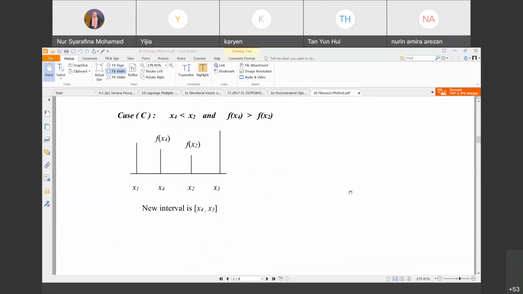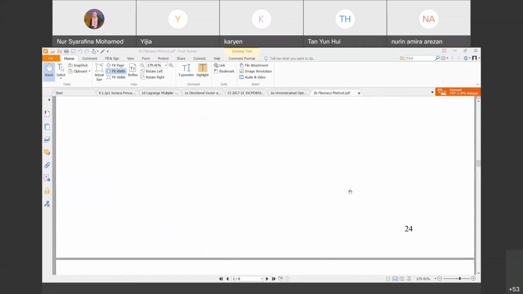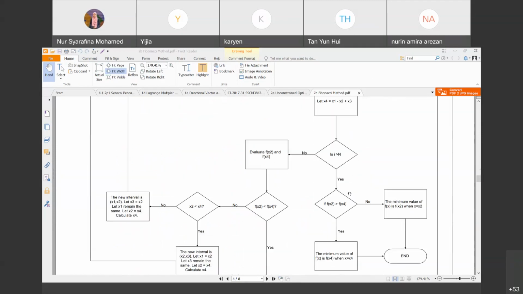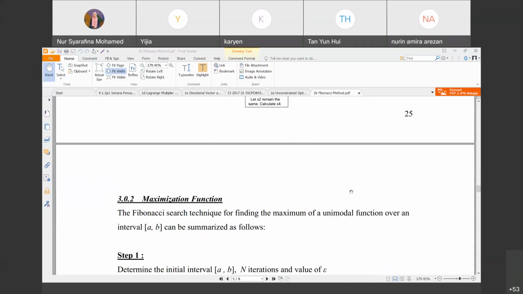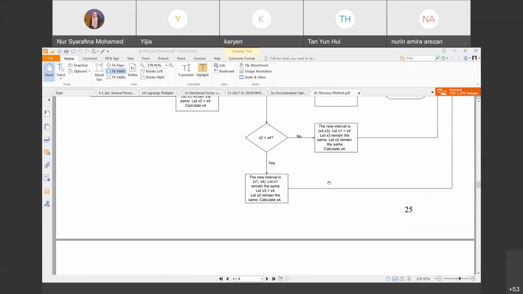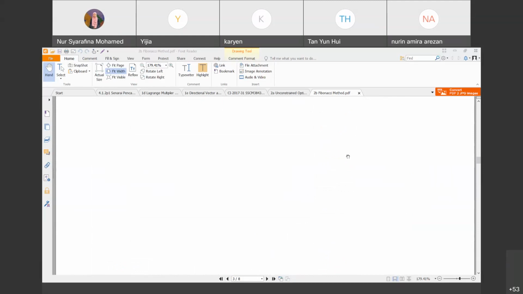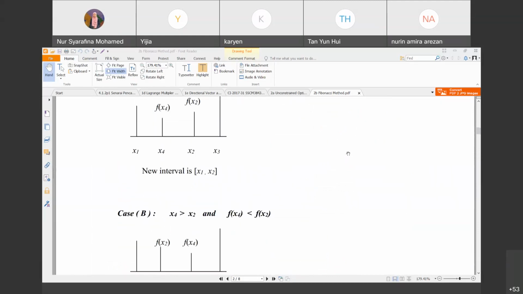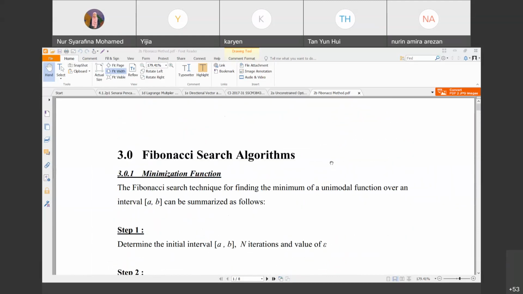So this is the theory and the flow chart of the process. In Fibonacci method, I want to explain through the example.